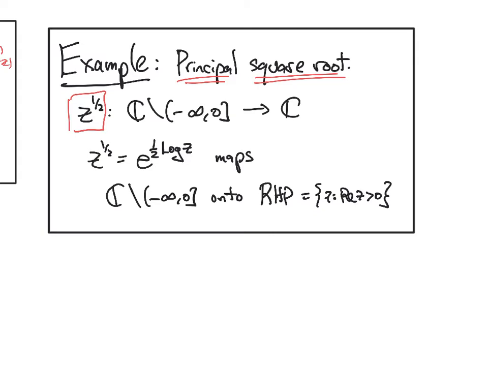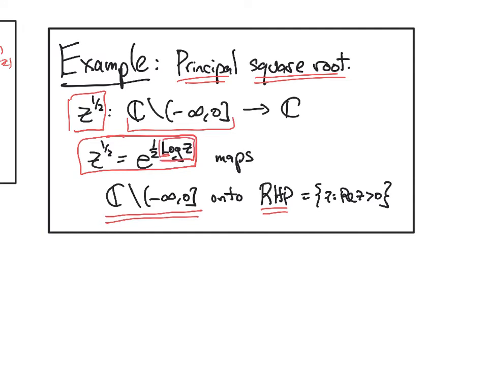And so here I'm writing the principal square root, which by definition is e to the 1/2 principal log of z. So it's defined again on the same set that I mentioned, and it maps the plane minus this ray onto the right half plane, because we're taking 1/2 of the log here.